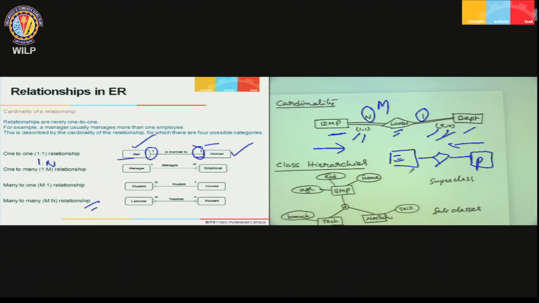The company rule says that one employee can work with any number of projects, and one project can have any number of employees. Then it could be n is to m or m is to n. This is called a many to many relationship, one to one relationship, and then one to many relationship. This is called the cardinality of the relationship.